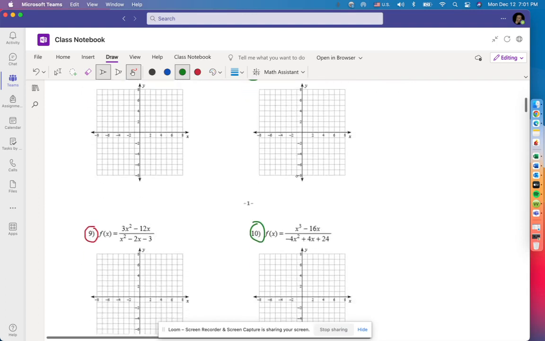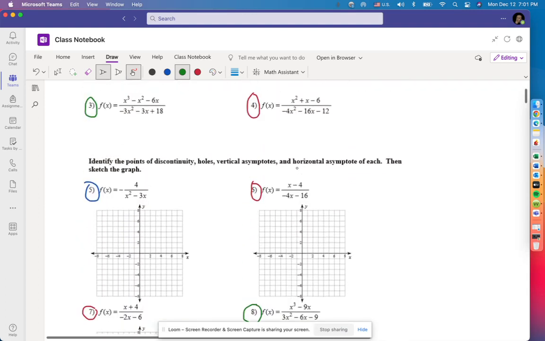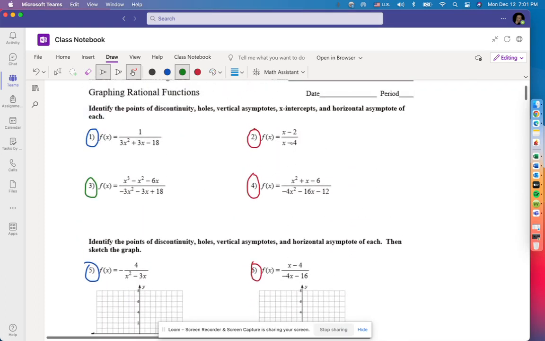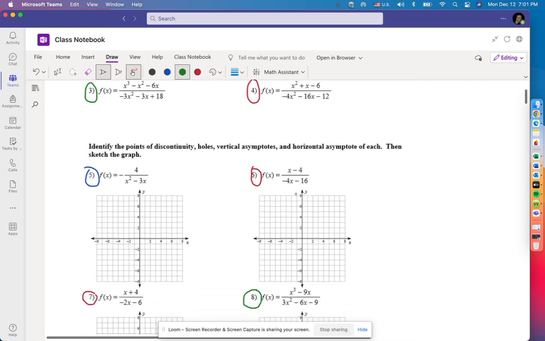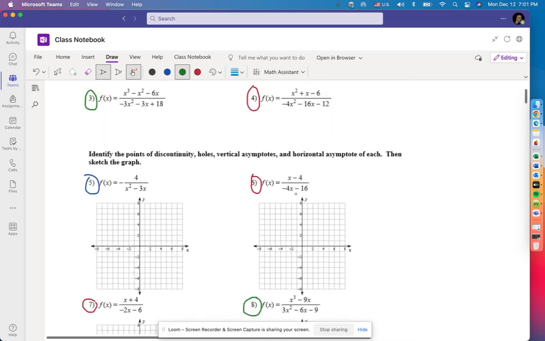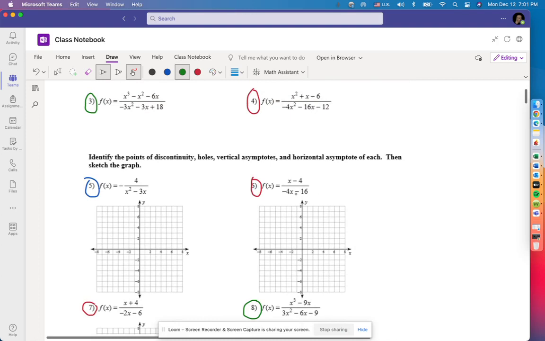Let's look at number 2. If I factor this denominator, there's nothing to factor, it's just x minus 4. My solution will be 4, because 4 will make that denominator 0. For the other ones, factoring the denominator is where you get your vertical asymptote from. It's what makes the denominator 0.